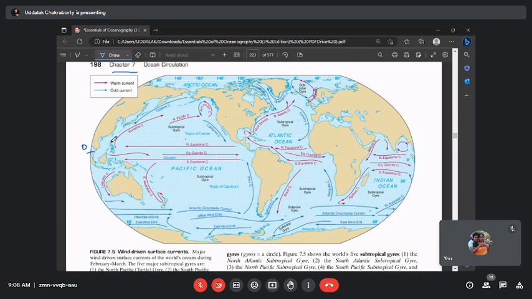And these warm ocean currents are responsible for rainfall. When they are traveling along a certain coast, they bring with them moisture-laden air, and that will cause rainfall in the area where it is flowing.